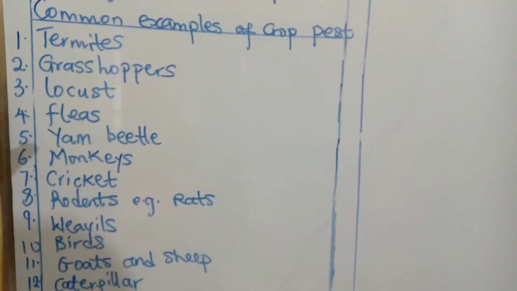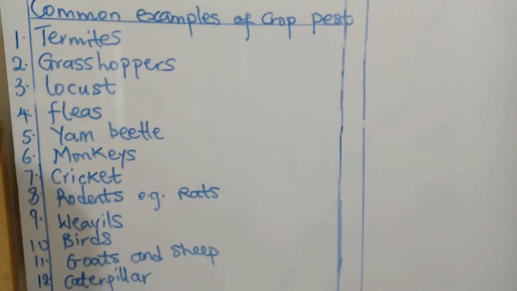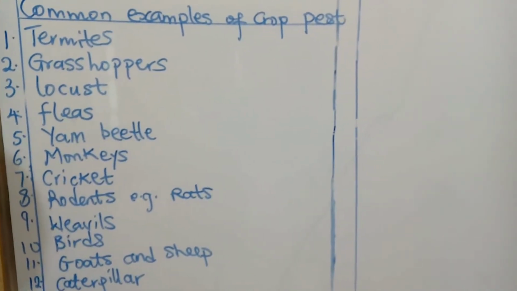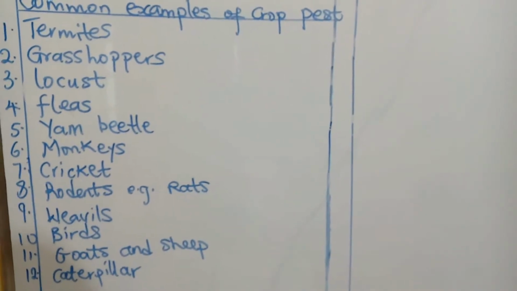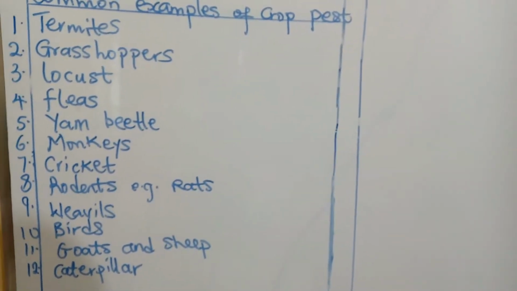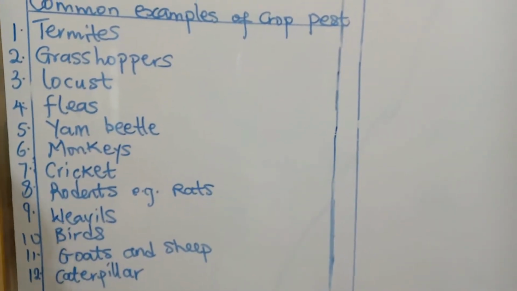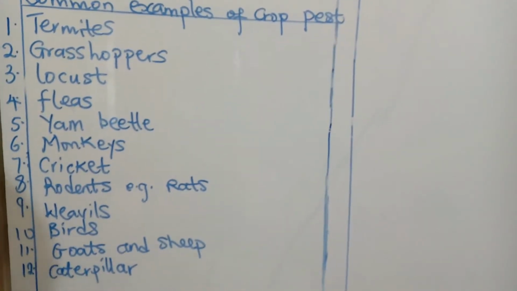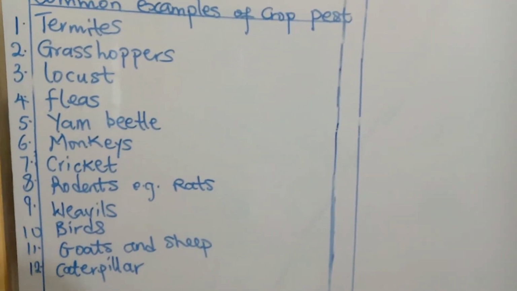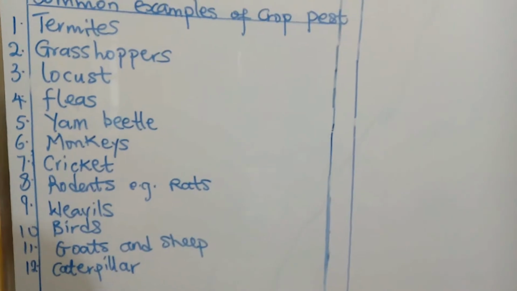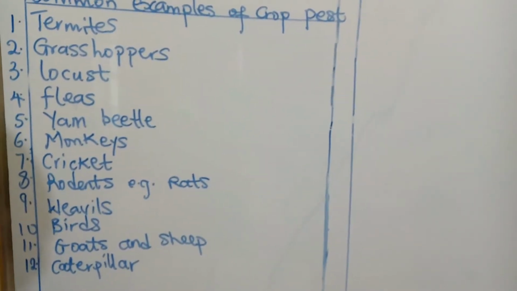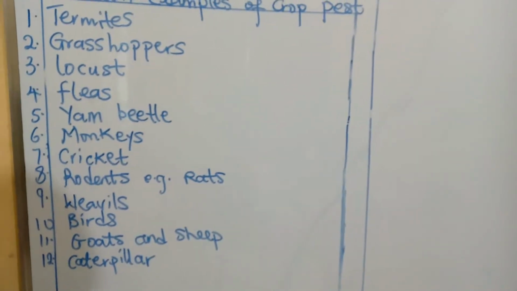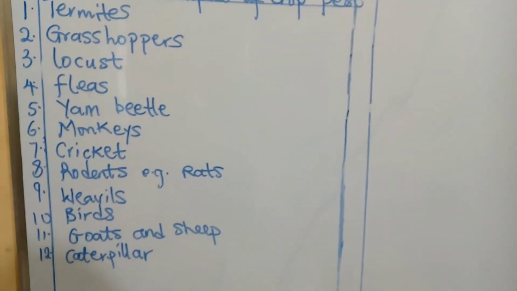Number 3, locusts. 4, fleas. 5, yam beetles. 6, monkeys. 7, crickets. 8, rodents. An example of a rodent is a rat, but we have different types of rodents, and that's the common one. I know you will know that one. Number 9, weevils. Yeah, I know you know that one too. 10, birds. 11, goats and sheep. Number 12, caterpillar.